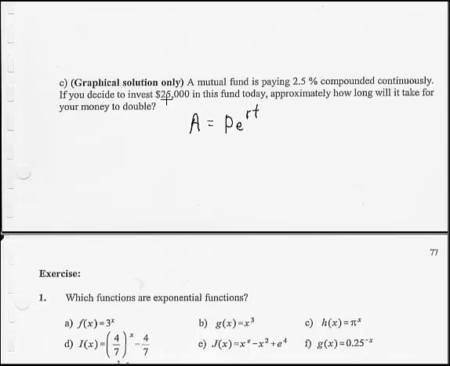We want to invest $25,000. We have an interest of 0.025, and the time is, well, we don't know the time. That's what we're looking for. But we do know that we want to double our money, our initial investment of $25,000 in that amount of time. So if we double $25,000, our amount should be $50,000.